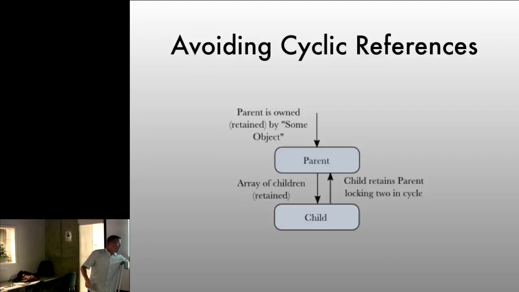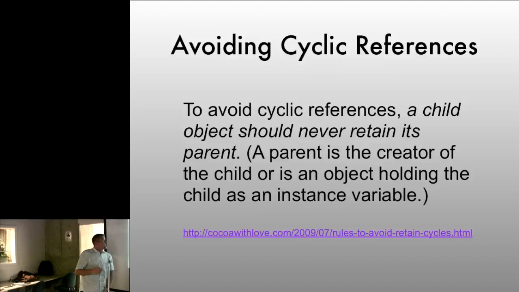That's because if your parent has a reference to the child, and the child has a reference back to the parent, then when the parent's release gets called, because the child also has a reference to it, its dealloc is never going to be called. So it will never release the child, which will never release the parent, which will never release the child, which will never release the parent. So this will leak.